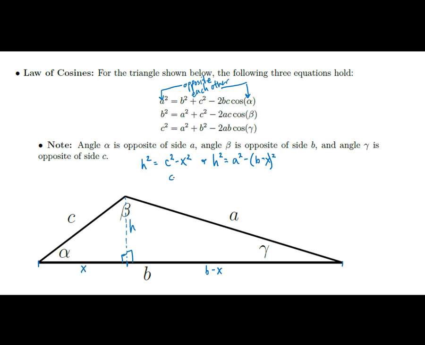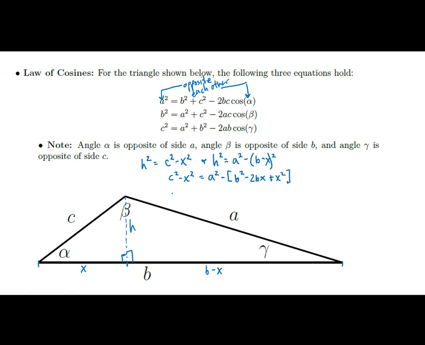So I can say that c squared minus x squared is equal to a squared minus, and I'm going to expand that out, b squared minus 2bx plus x squared.